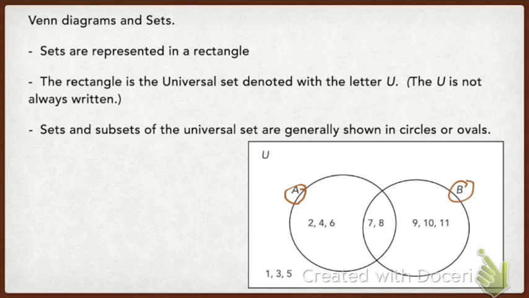The two circles overlap in the middle. That's what they have in common. So 7 and 8 are part of set A, and they're part of set B. Then you'll see our numbers down here on the bottom. That means they are in neither A nor B, and they're just part of the universal set. And this set is the natural numbers from 1 through 11.